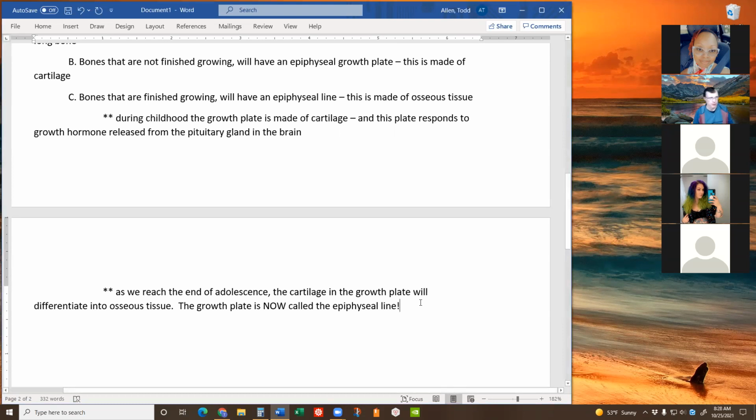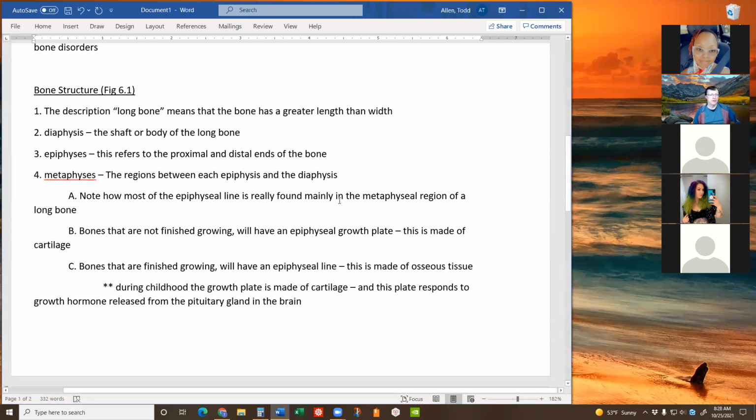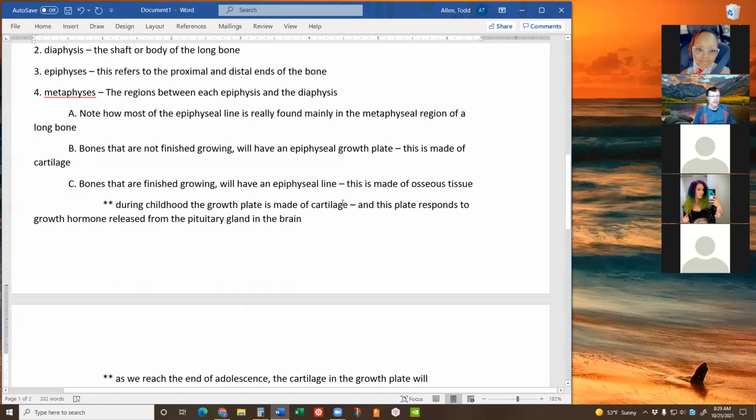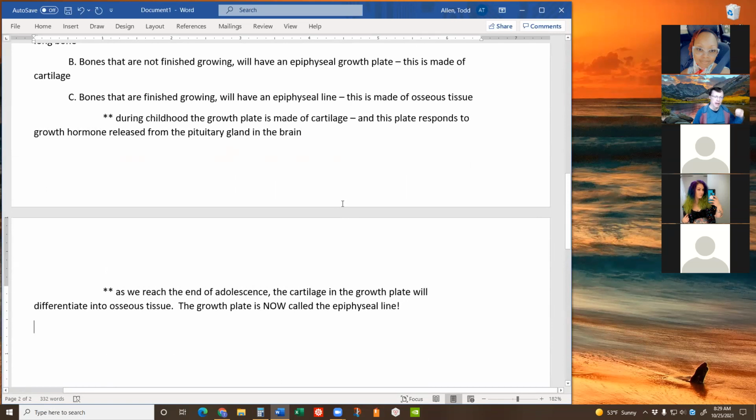Okay, let's continue here. Talking about the anatomy of the long bone, figure 6.1. So we've just described the metaphysis, and we went on a little detour talking about the epiphyseal growth plates or the epiphyseal lines. Next, number 4 is articular cartilage. Notice that in figure 6.1, we have articular cartilage at both the proximal and distal ends of the long bone. Okay. Articular cartilage is actually made of hyaline cartilage.